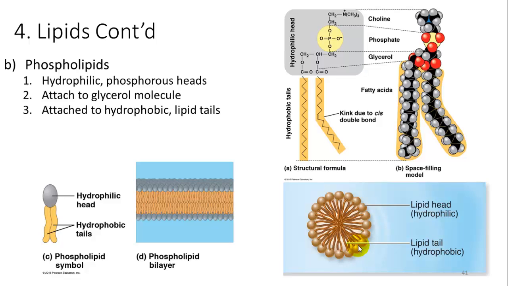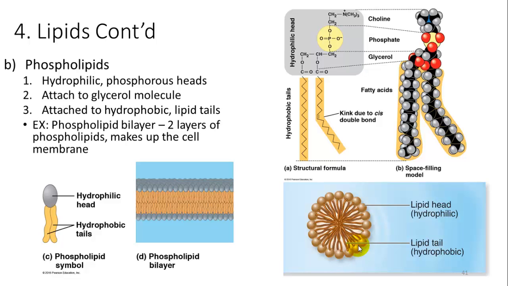And that attaches to 2 hydrophobic lipid tails, usually with a small kink in them. That phospholipid bilayer then forms a semi-permeable membrane by which some things are allowed through and some things are not. Another type of formation that can form from phospholipids is called a micelle, and you see that picture of it in the bottom right.